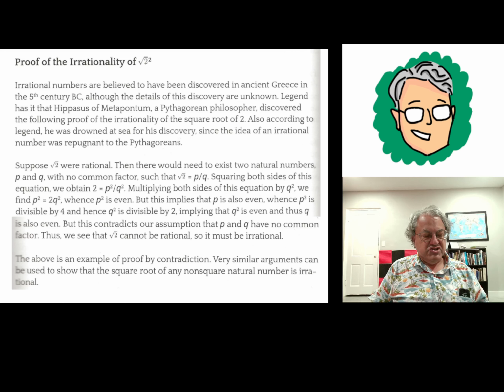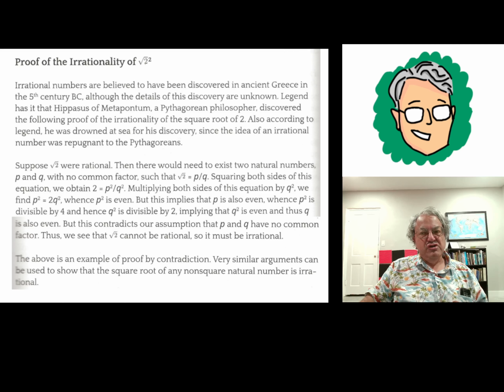But it was such a shocking result that supposedly the Greeks had him drowned at sea for this. The Pythagoreans. He belonged to the Pythagorean school, and I guess the Pythagoreans didn't want to believe in irrational numbers. But they do exist, and the square root of 2 is probably the easiest irrational number to prove that's irrational.